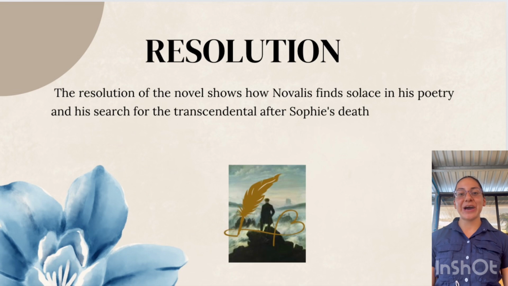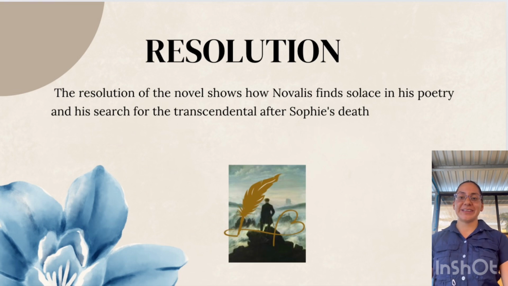And finally, we have resolution. The resolution of the novel shows how Novalis finds solace in his poetry and his search for the transcendental after Sophie's death. The Blue Flower offers an emotional and thematic closure that highlights the meaning behind the title. Like the delicate blue flower that blooms among the foliage, Sophie's death adds its petals into Friedrich's life and work.